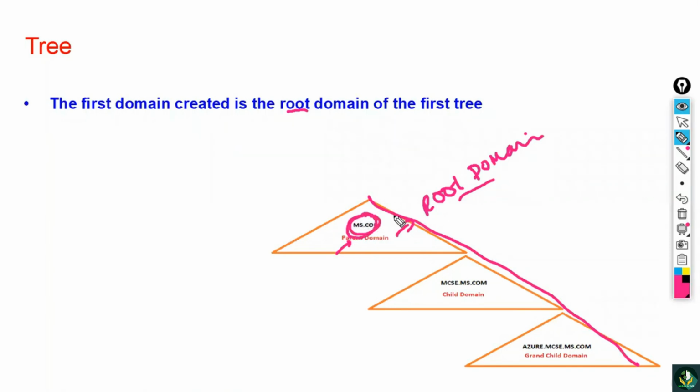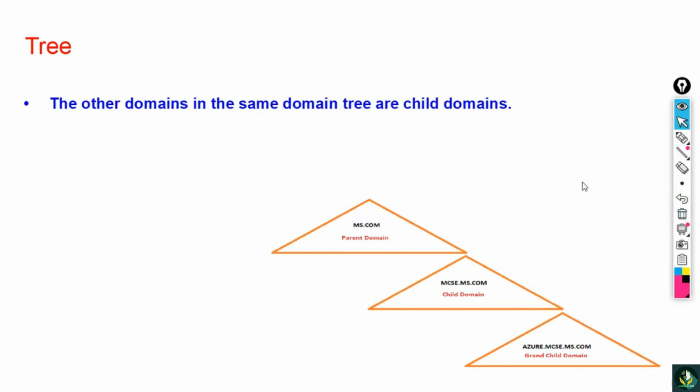So the first domain in the tree is called the root domain, and the other domains in the same domain tree are called child domains. So guys, it is forming the tree here. If you see, this is the root and they are the branches, you can say. This root is called the parent domain or root domain, and the branches are called child domain and grandchild domain.